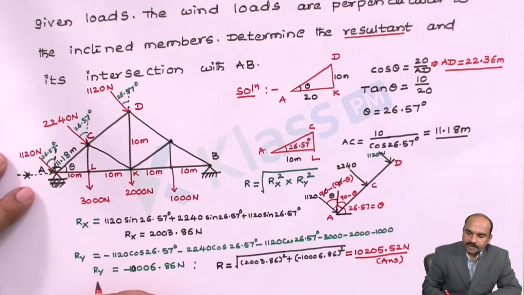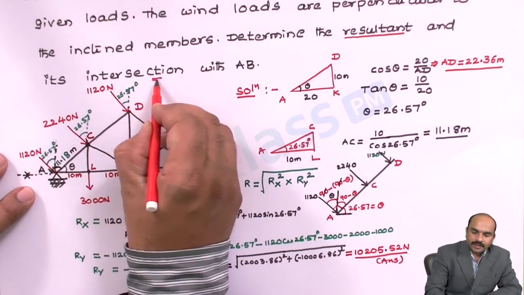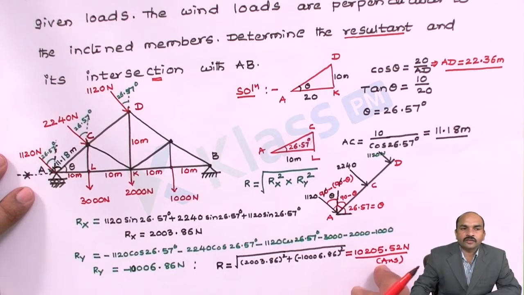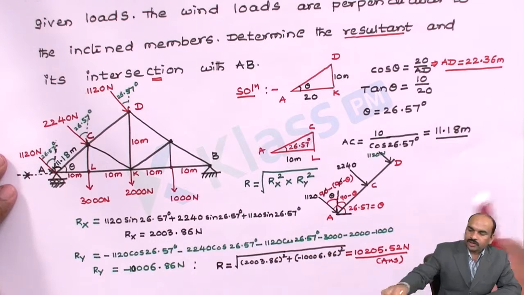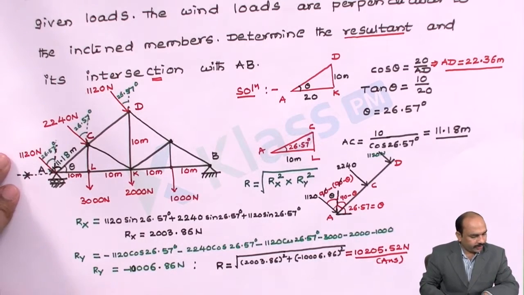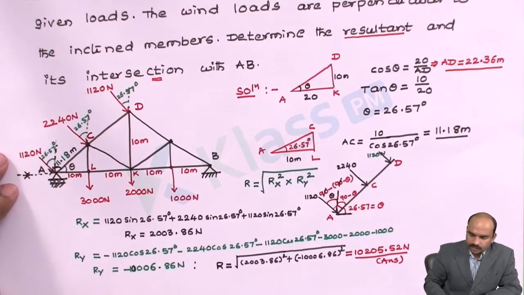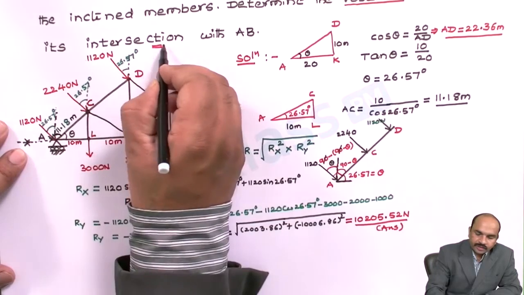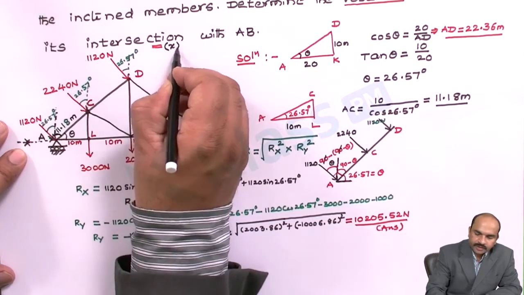Now in the second part we have to calculate the intersection, that is, at what distance this resultant force is acting. So let us calculate its distance. For that we take Varignon's principle. To get the intersection, let us say this intersection is x.